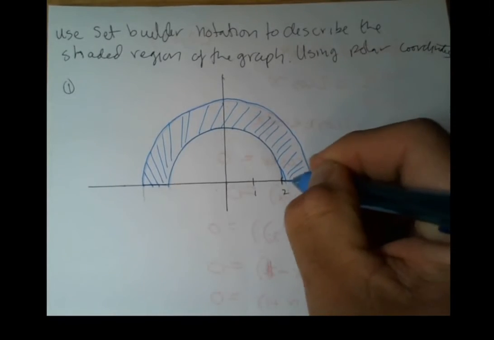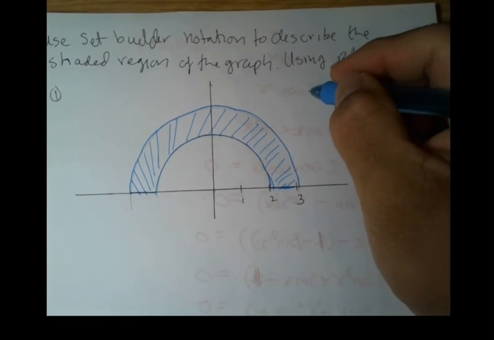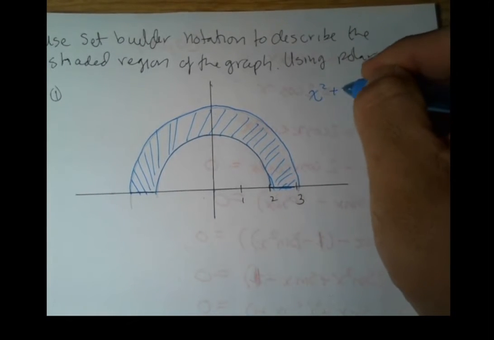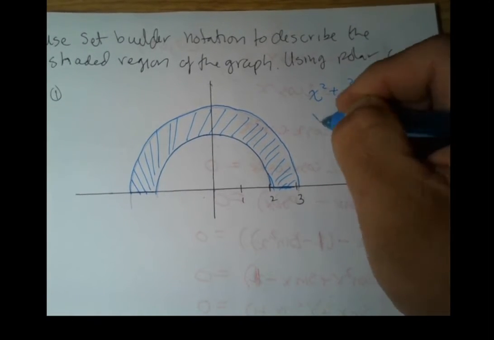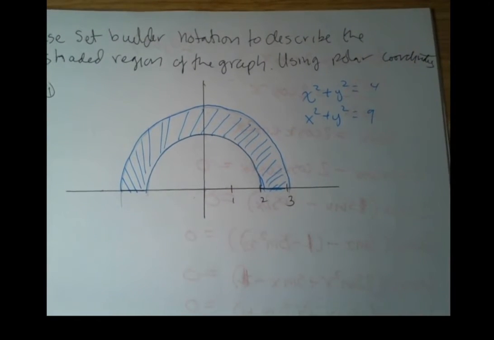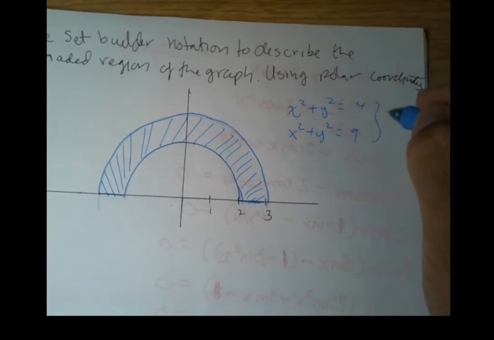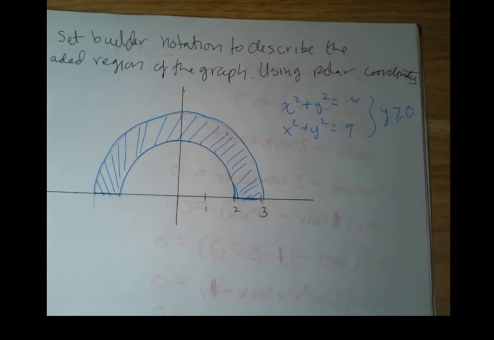In terms of our Cartesian coordinates, we have two semicircles: x squared plus y squared equals 4, and x squared plus y squared equals 9. For both of these, y is greater than or equal to 0, so we're just looking at the top halves of these circles.